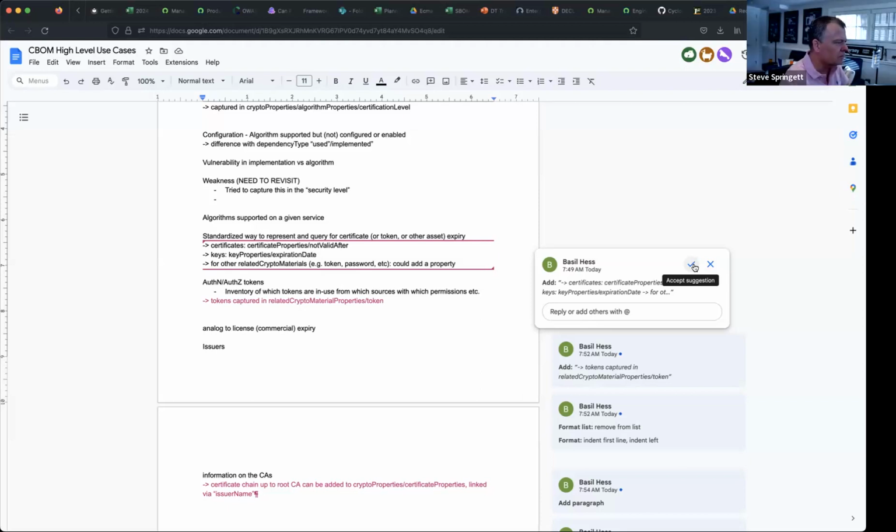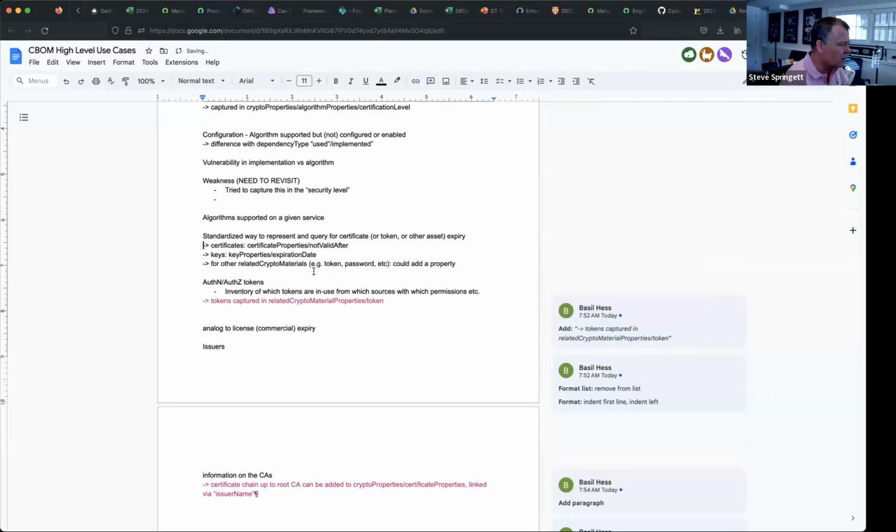I think that's something we can actually add, an expiry date for general related crypto material. Then tokens would be covered, and other assets like passwords and others. I hope no one would actually put a token or a password in it, but you actually can, I guess, right?